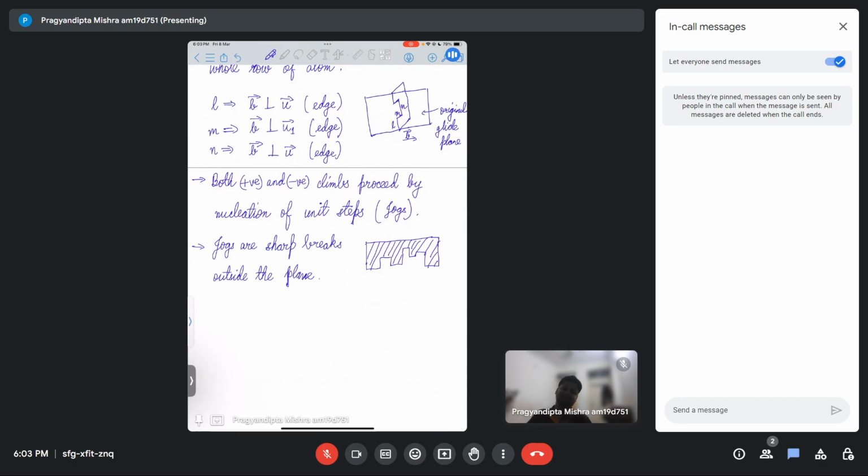Okay, so essentially jogs are like a staircase. So you have a sharp break outside the plane, so you can climb up or climb down the staircase. It's like a staircase. Okay.